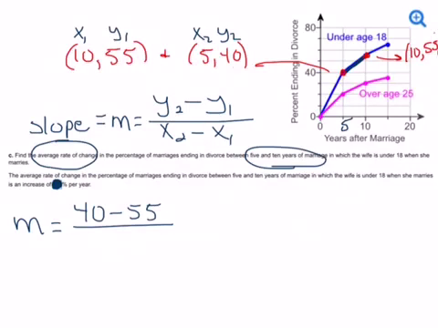And if I start with the 40 for the y2 on the top, I have to start with the partner of y2, or in other words 5, in the denominator. So x2 minus x1 in this case would be 5 minus 10.